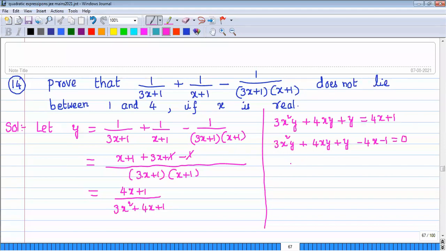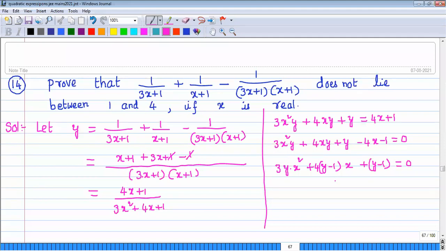So let us simplify it. 3x square y, or 3y times x square, plus from 4xy and 4x take 4x common, we have y minus 1 times 4x, plus y minus 1 equals 0.